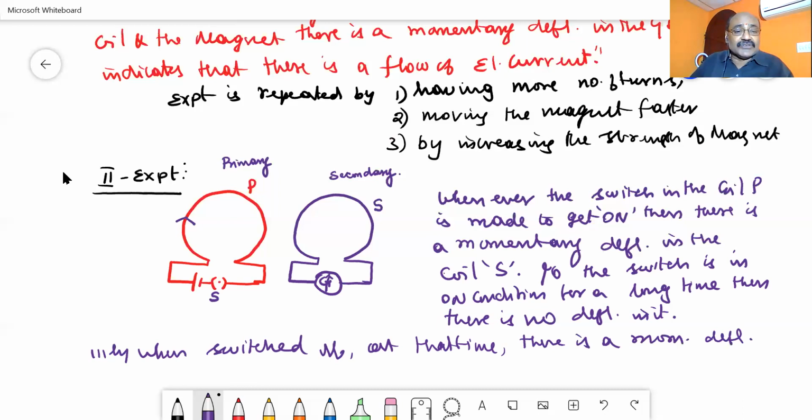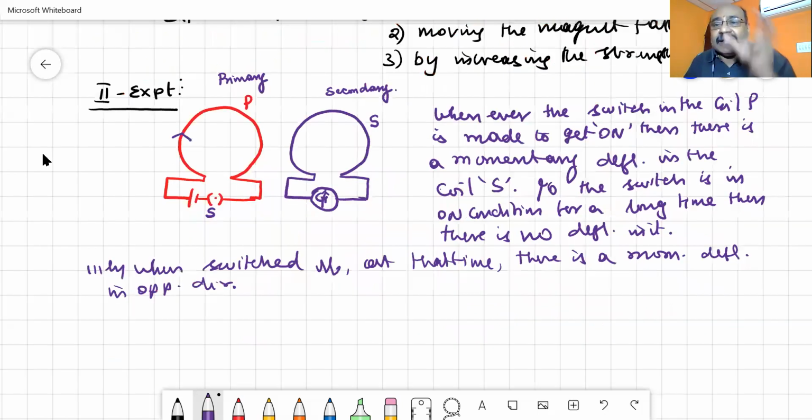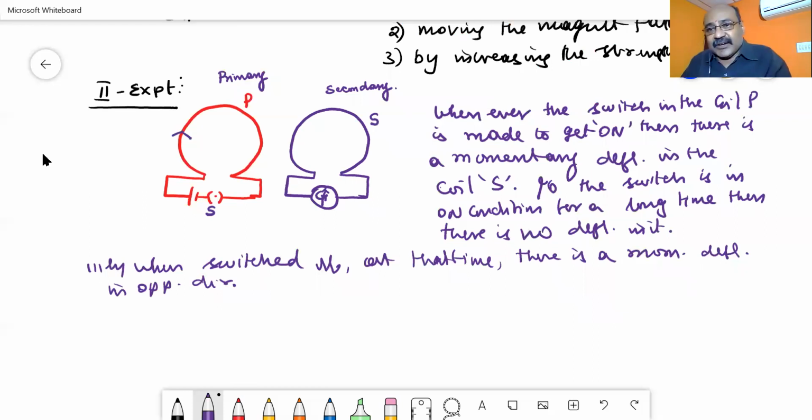So from this, what can you say? From this experiment, it was concluded that at the make or at the break of an electrical circuit, make means switching on, break means switching off, at the time of make or at the time of break, there is a momentary deflection in the galvanometer in opposite side directions.